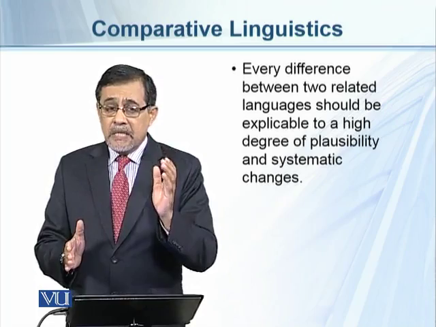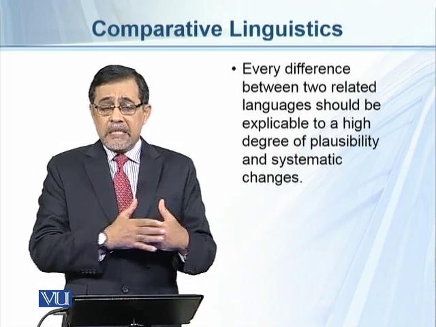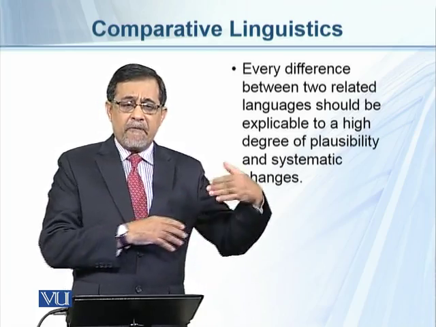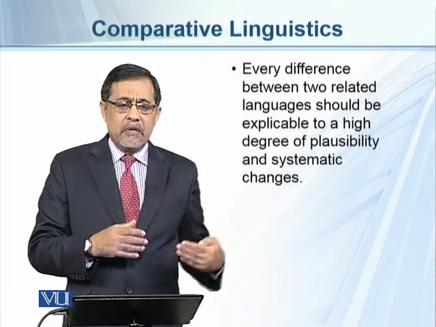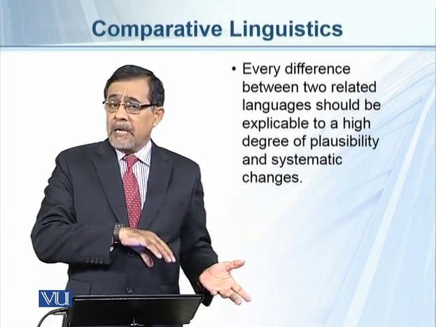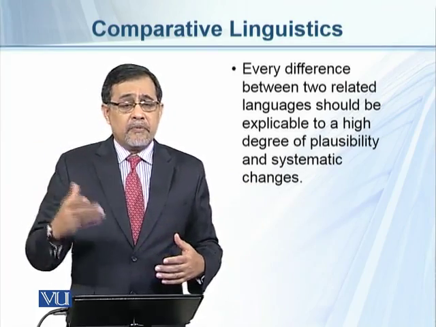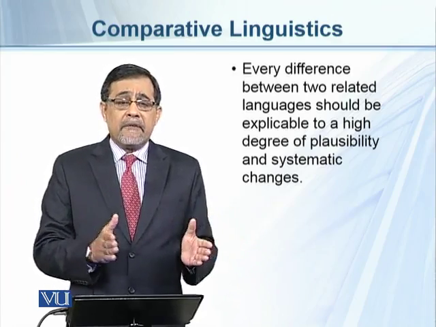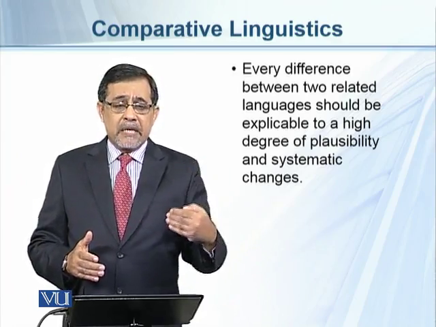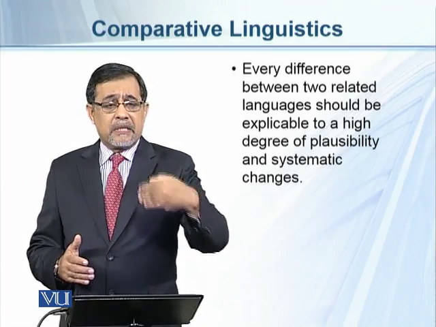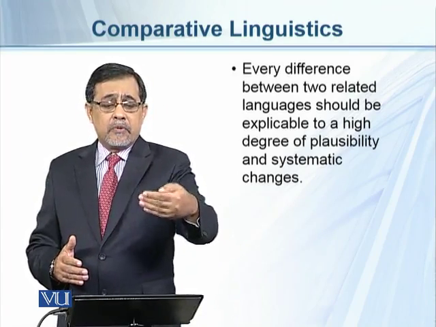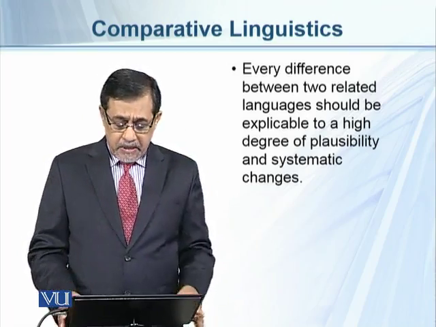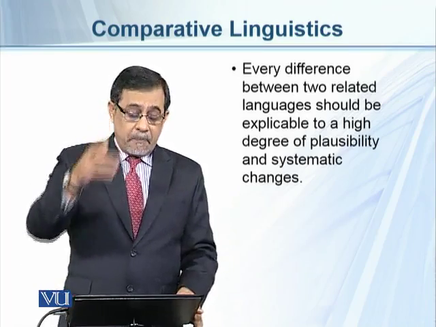He must tell how these changes have taken place, how a certain sound has moved from voiceless to voiced, or voiced to voiceless, from bilabial to fricative, or how structures have changed, how the subject has started to be used in the first place, or in the second place, or in any other place of the sentence.